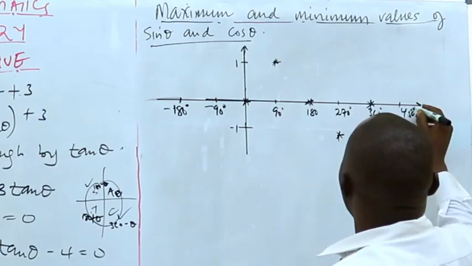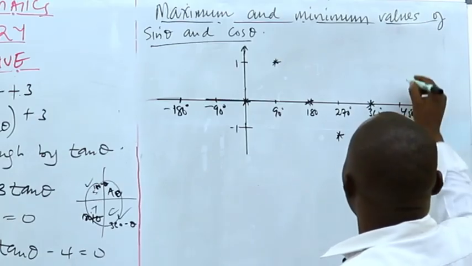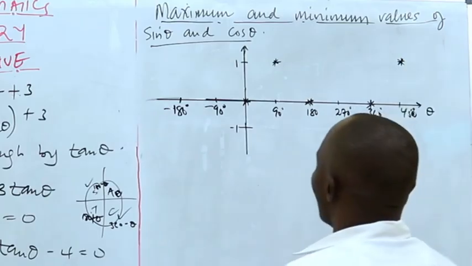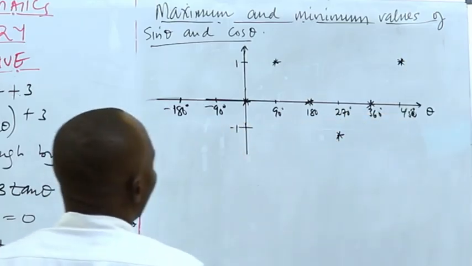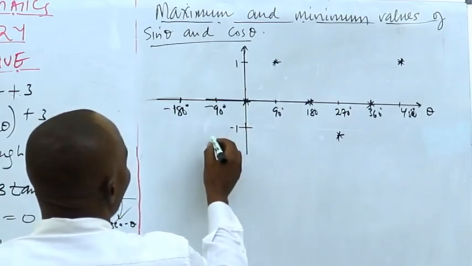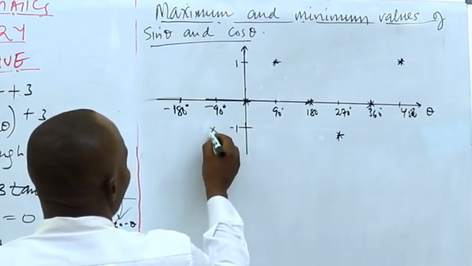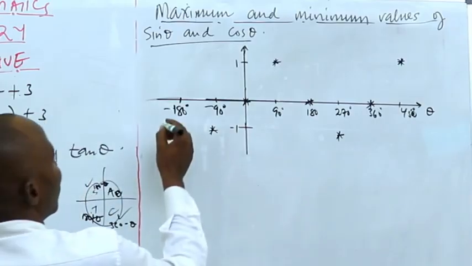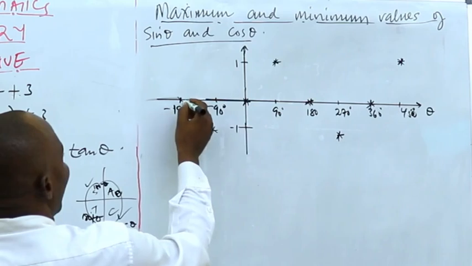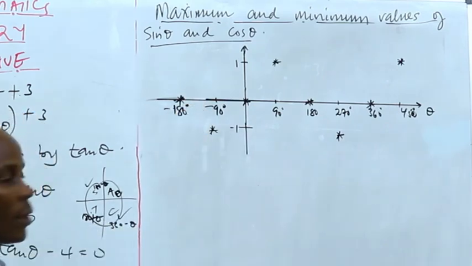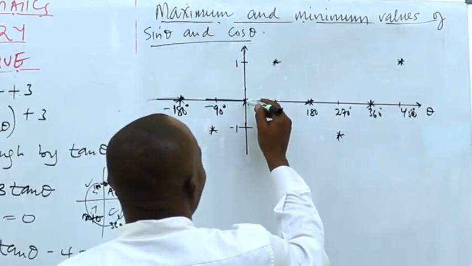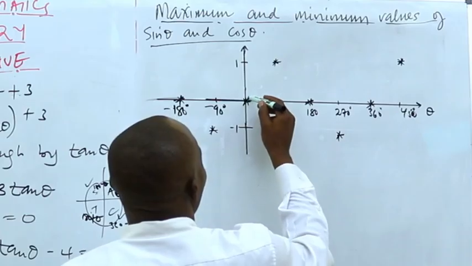Sine of 450 is +1. You can also move to the other side. The sine of -90 is -1, and the sine of -180 is 0. So if I join my plotted points, if I start from 0, I'll move like this.